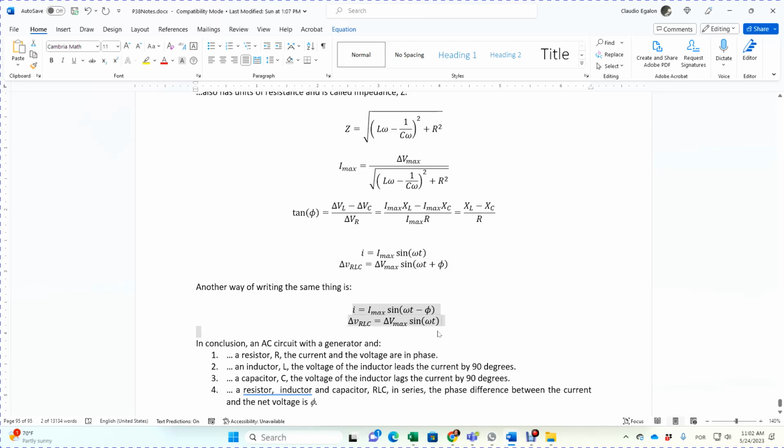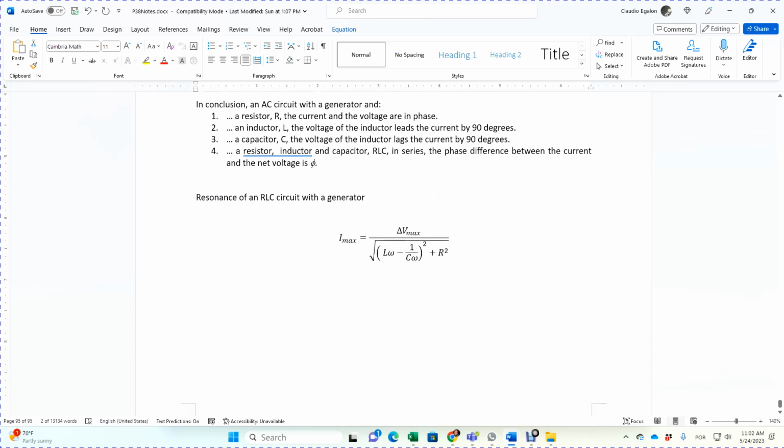There is a phi angle for a phase difference between the current and the voltage in this RLC circuit. Notice that the current also has an Imax that has a rather interesting relation. The relation is this one that I have written here.